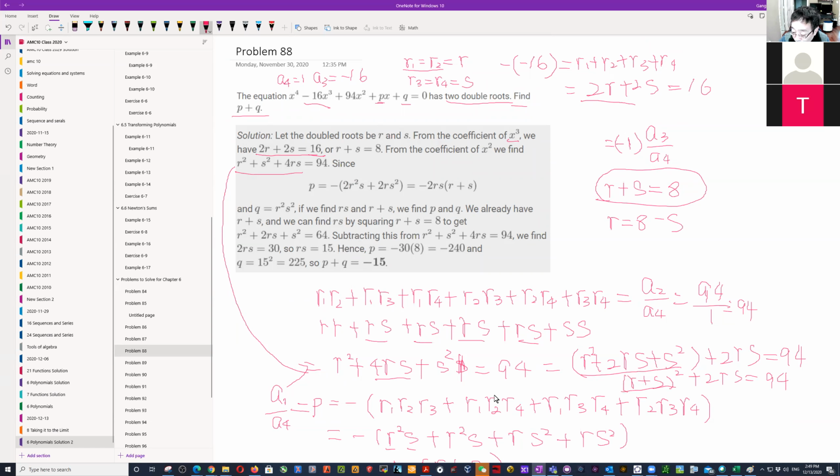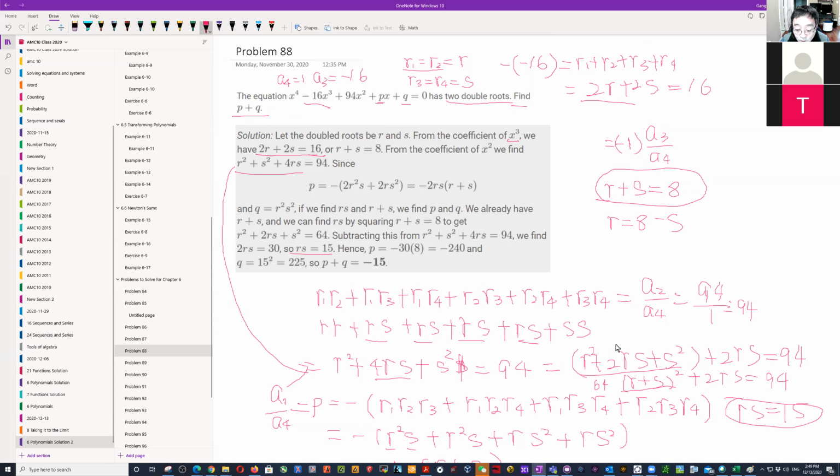So this part is equal to 64. So 64 plus 2RS equals 94, so RS is equal to 15. This is where RS equals 15 comes about. Right now we know that RS equals 15 and R plus S equals 8.